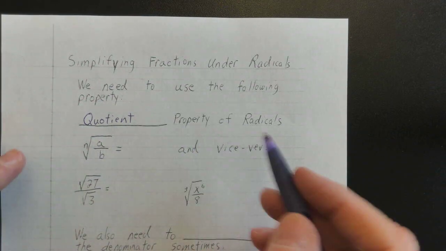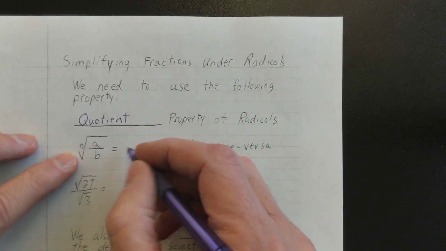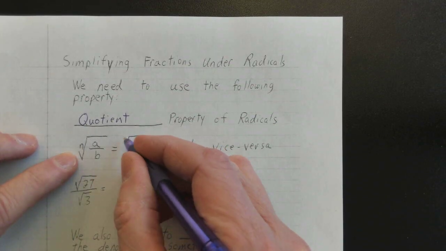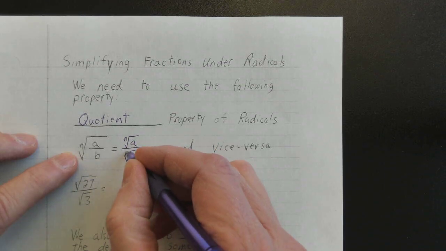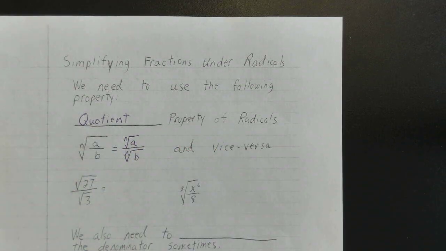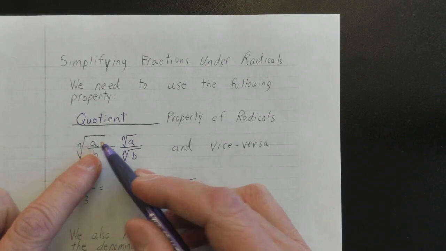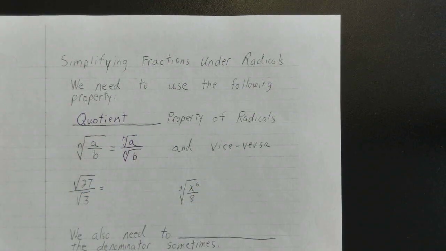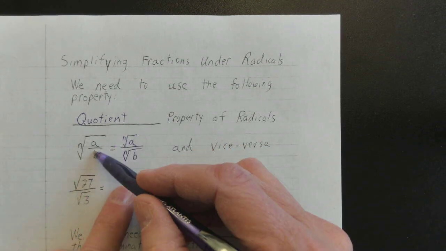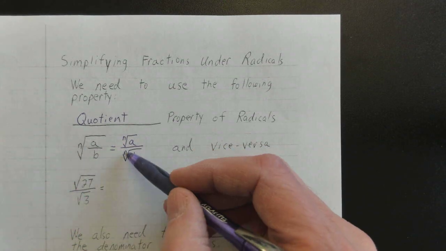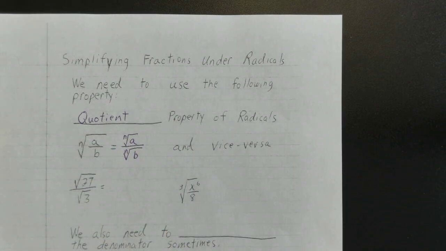Now the quotient property of radicals right here is I can take the numerator and the denominator and make two separate radicals. And if I had this, I can rewrite it like this, as long as these roots are the same. So it works both ways.